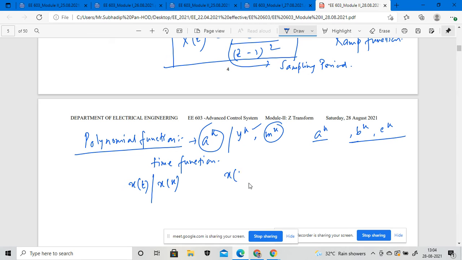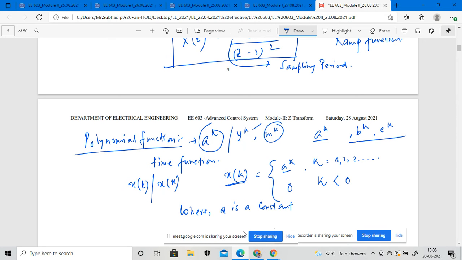So the values of x of k will be a of k, and otherwise 0. When x of k is a of k, the k value varies 0, 1, 2 and so on, and whenever x of k is 0, that is for k less than 0. Here a is nothing but a constant term, where a is a constant.